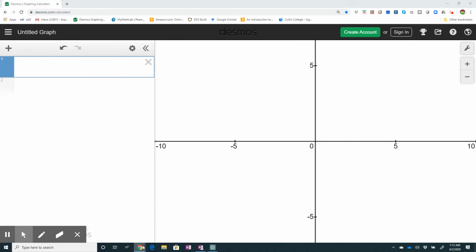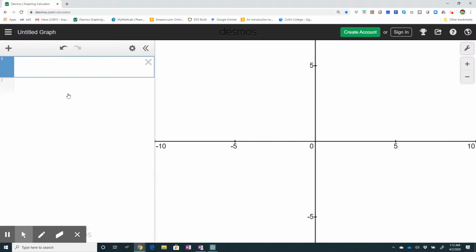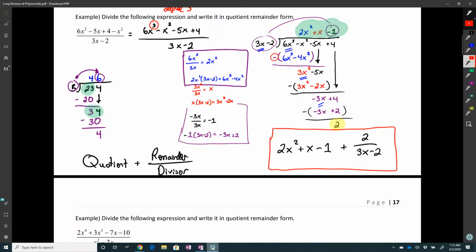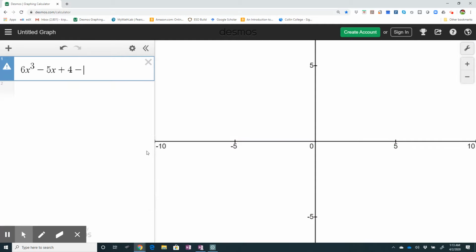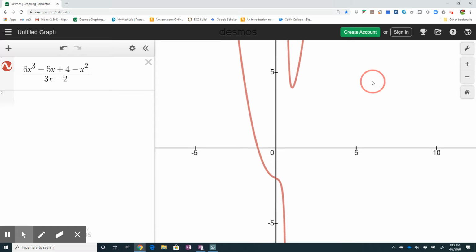If I write the original problem, which was 6x cubed minus 5x plus 4 minus x squared, and then the whole thing divided by 3x minus 2, notice that we get a graph.